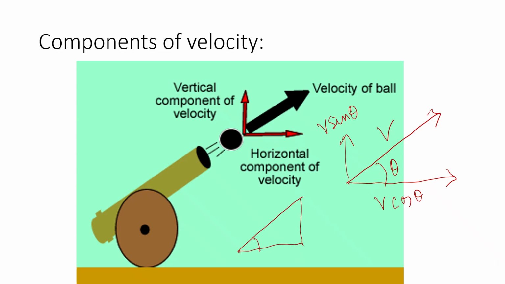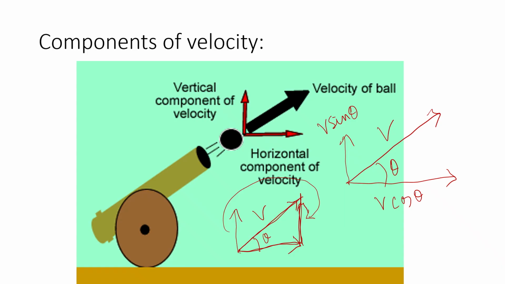So for any right angle triangle, if this is theta, this is the direction of the actual velocity. All right. So there is one velocity which is acting in the horizontal direction, which is the base of the triangle. And if you take the other velocity, which is the vertical component, and bring this velocity all the way towards the other side, it will form a right angle triangle, as you can see, right?